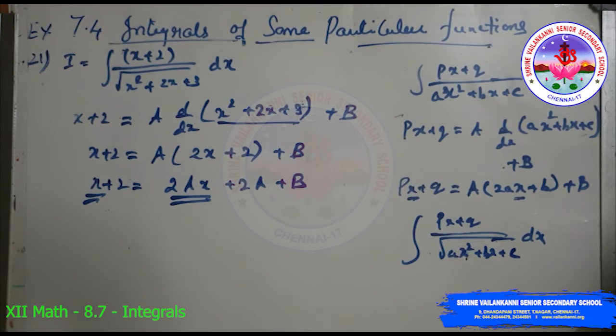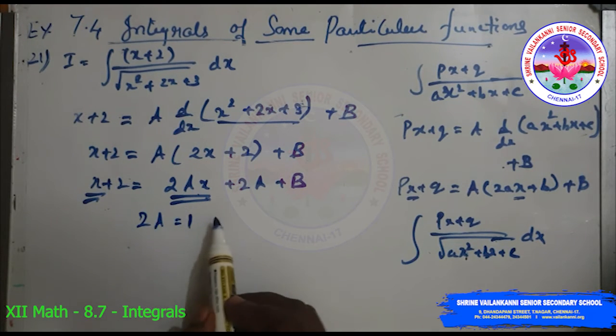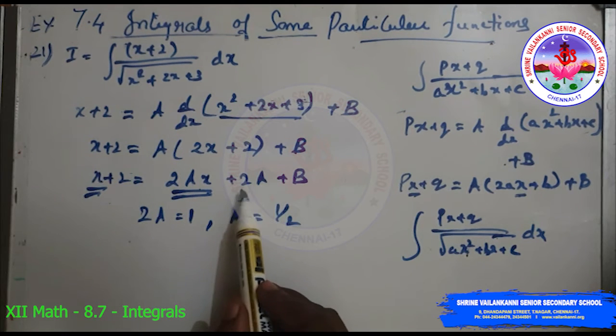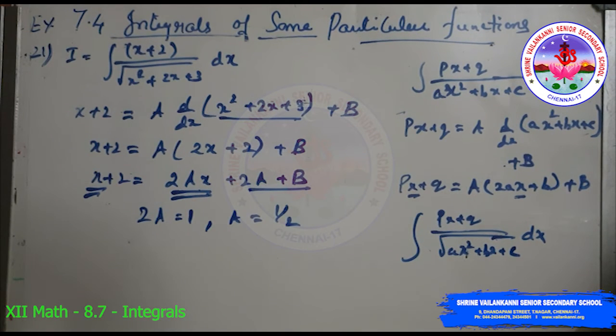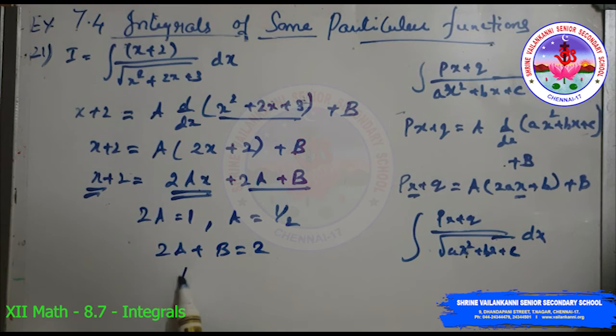So we get 2A equal to 1, so A equals half. And again constants: 2A plus B equal to 2. A is half, substituting here, we get 1 plus B equal to 2. So B equals 2 minus 1, which is 1.